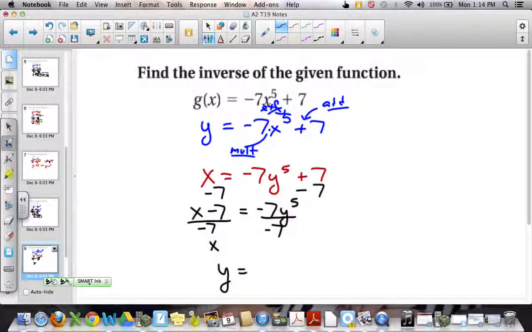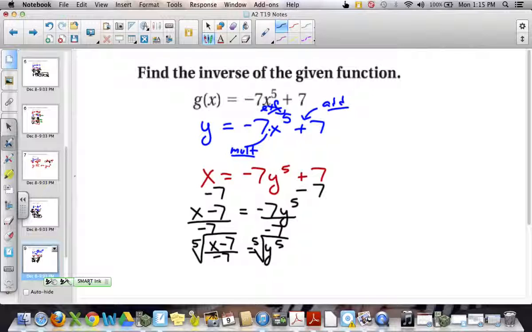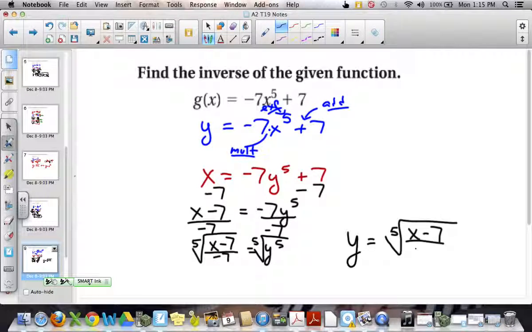Get x minus 7 over negative 7 equals y to the fifth. And then take the fifth root. So what we end up with is y equals the fifth root of x minus 7 over negative 7.